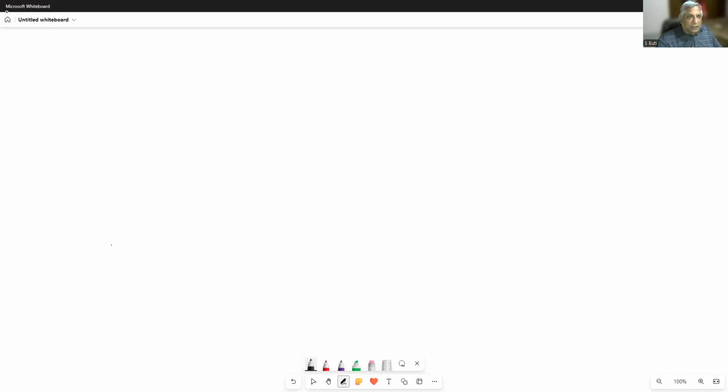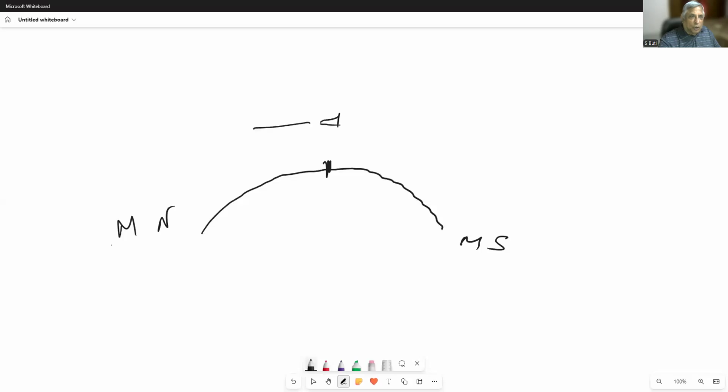Second set of numericals may deal with the angle of dip. Let's say this is the Earth. This is the magnetic equator, magnetic north, and magnetic south. And the aircraft is flying towards north.